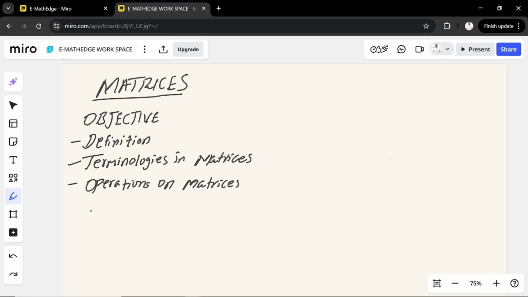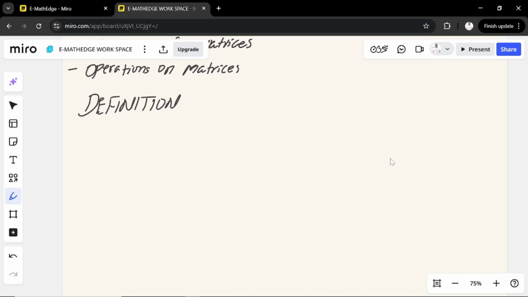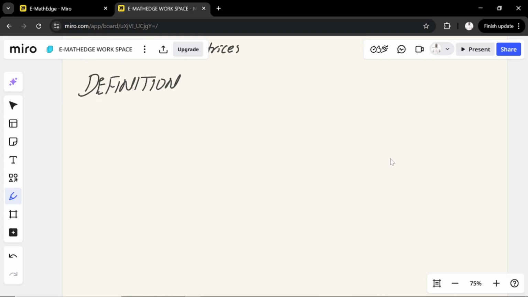Now, let's begin with the definition. And the first thing you need to note is that matrices is the plural form of the word matrix.